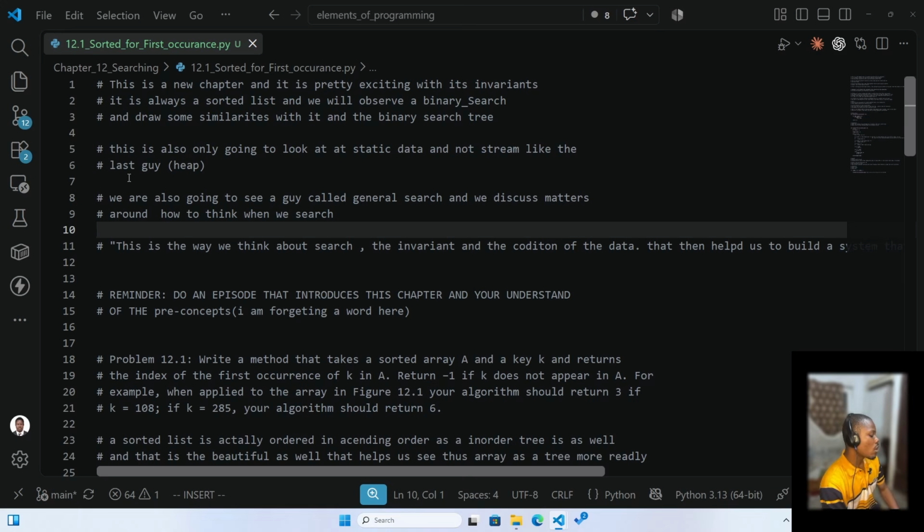It says we are also going to see something called general search, and we discuss matters around how to think when we search. So basically what general search is saying is, don't just come into a problem where they say, oh, find five, and you're thinking, okay, how do I make it so that I'll just get five?